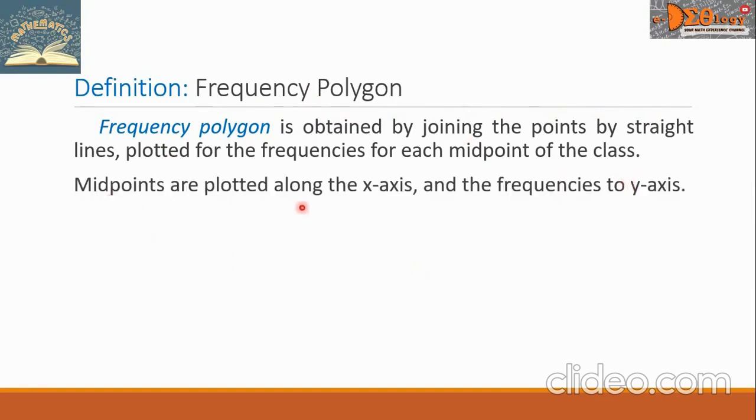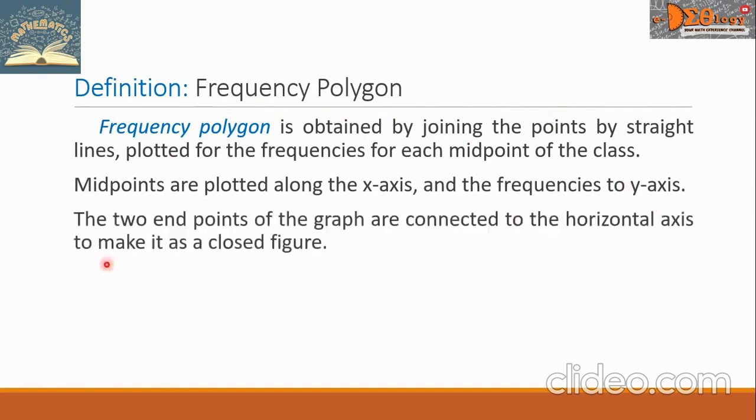Midpoints are plotted along the x-axis and the frequencies to y-axis. The two endpoints of the graph are connected to the horizontal axis to make it as a closed figure.